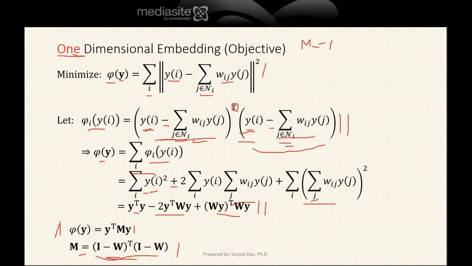So that's our simplified objective function in the case of one-dimensional embedding. It's a quadratic, Y transpose M Y, where our matrix M is defined as I minus W transpose I minus W.